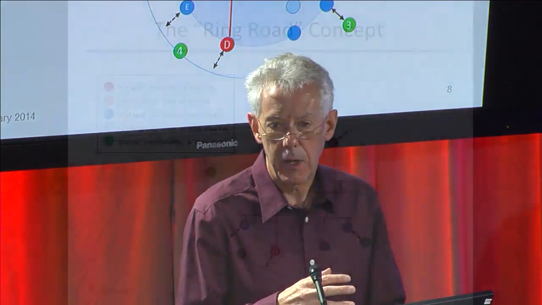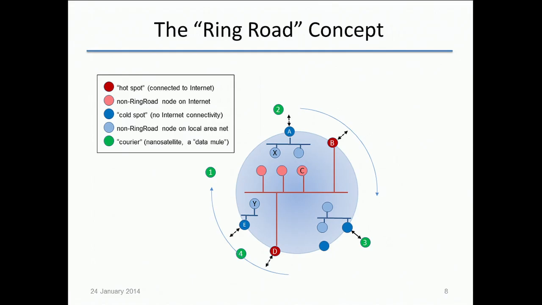And so because of the sort of circular nature of these orbits and because they sort of ring the planet, I've been calling this concept ring road. And I will go through a little demonstration here of a very crummy cartoon demonstration of how this kind of thing would work. The nomenclature on here, the dark red circles are what I refer to as hotspots.